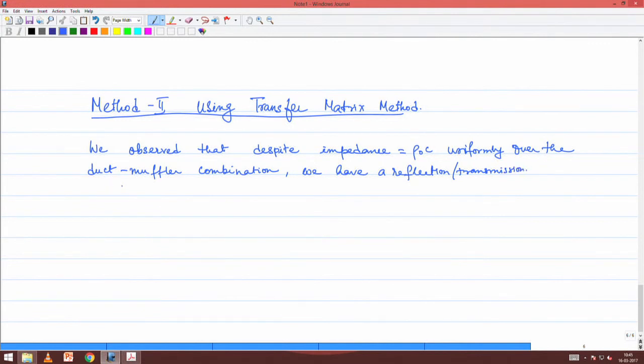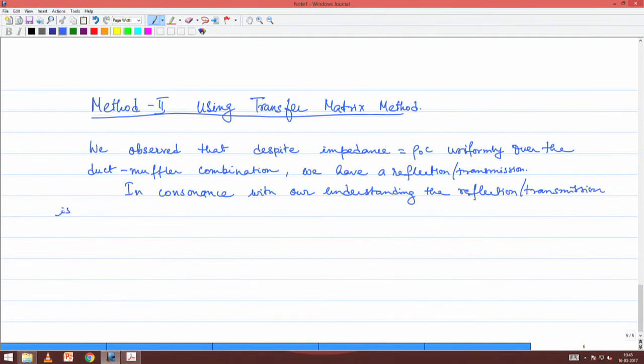So, this is in consonance with our understanding that reflection and transmission is associated with impedance mismatch.